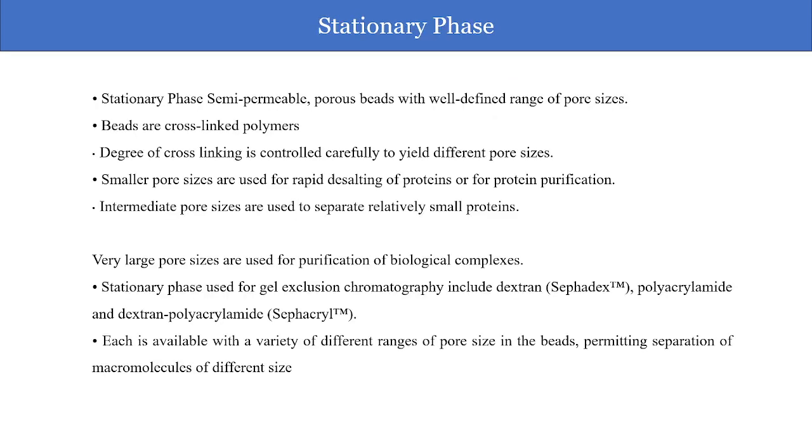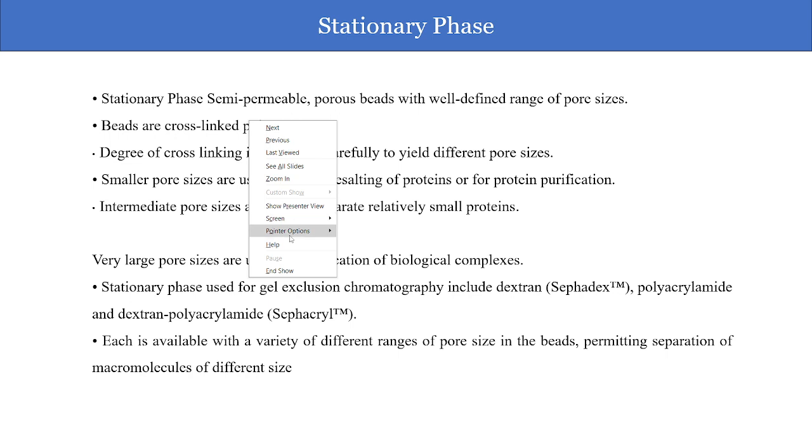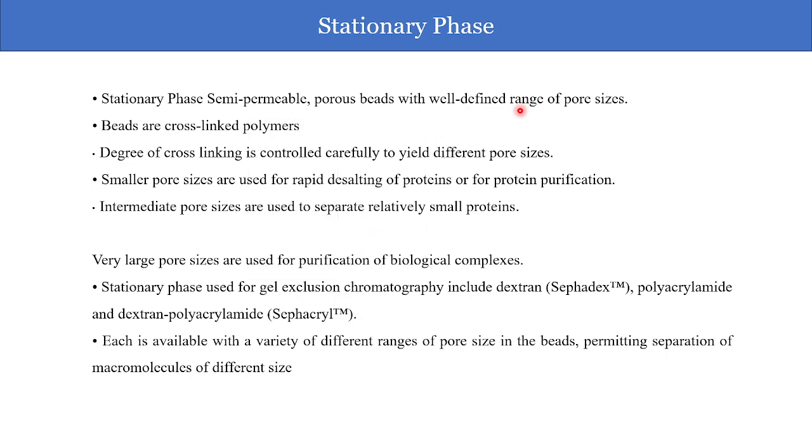So in general, what is a stationary phase? The stationary phase is a semi-permeable porous bead with a well-defined range of pore sizes. The beads are basically cross-linked polymers.